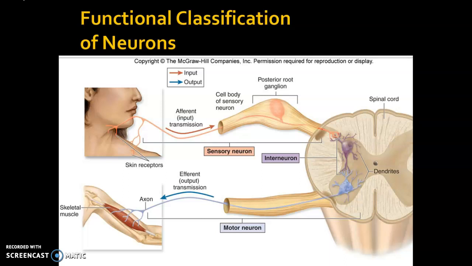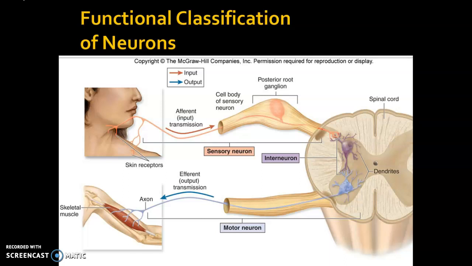The interneuron decides what action to take, and then it coordinates with a motor neuron in blue. The motor neuron is structurally a multipolar neuron, and it carries the output command, the efferent. It forms the efferent pathway, and ultimately it innervates skeletal muscle and tells the skeletal muscle to contract.